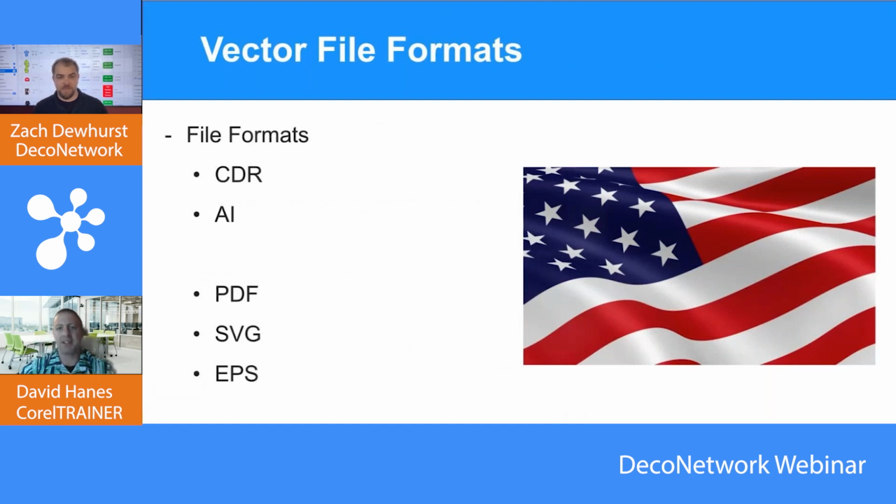Now, the problem is, David, even your bigger clients who have well-established businesses, you ask them for a vector, and they're still going to give you a bitmap 90% of the time. So you want to ask your customers for the ideal format, one of these vectors, and then just understand most likely they're going to give you a JPEG or a PNG, and you're going to have to do the work for them.